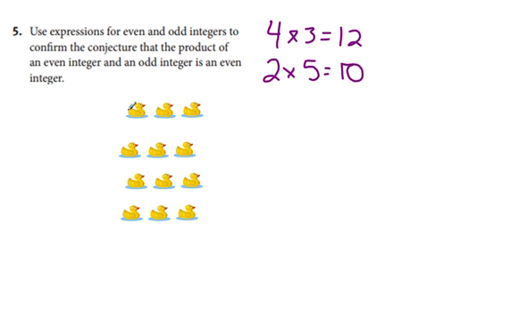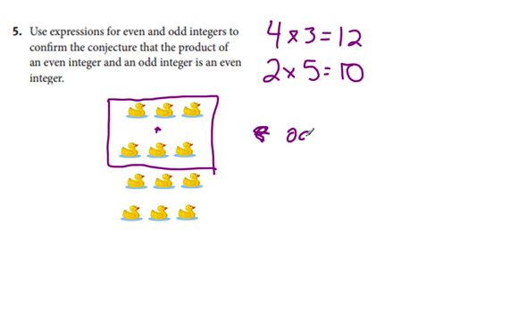If we just had 2 groups, this is 3 ducks plus 3 ducks. And we said earlier in the chapter that an odd number plus an odd number will always equal an even number. Even.